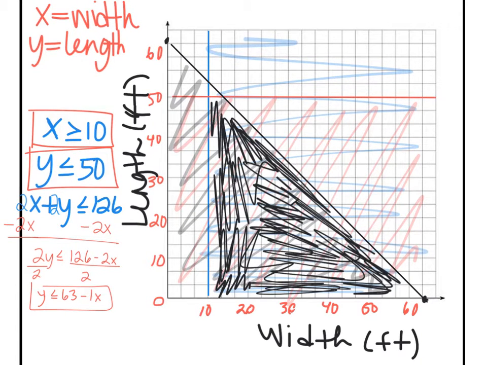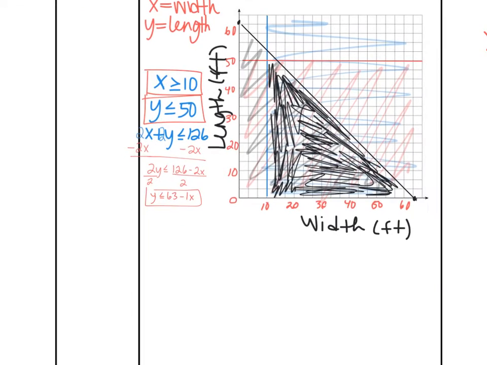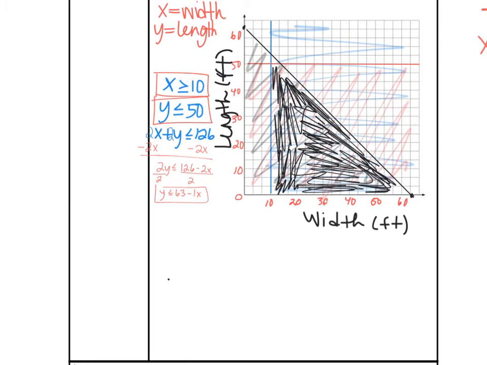I want you to list for me one possible combination of length and width. So write one possible combination of width and length down that would actually work. Based on where you see the overlapping region, what are possible lengths and widths of this dog run?